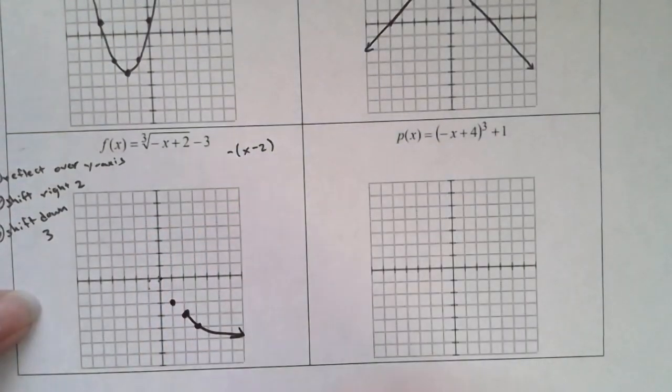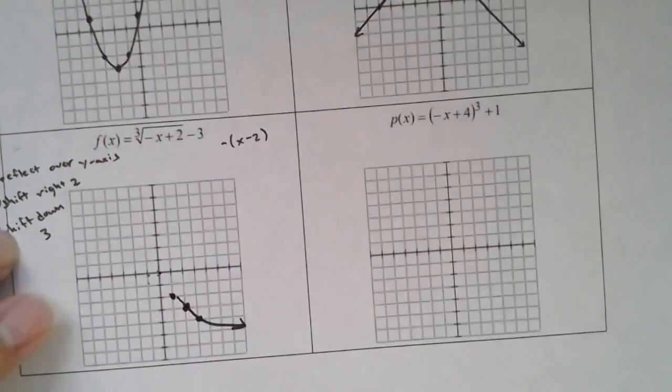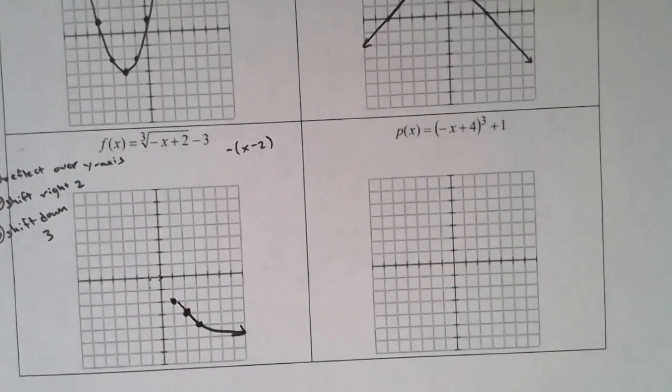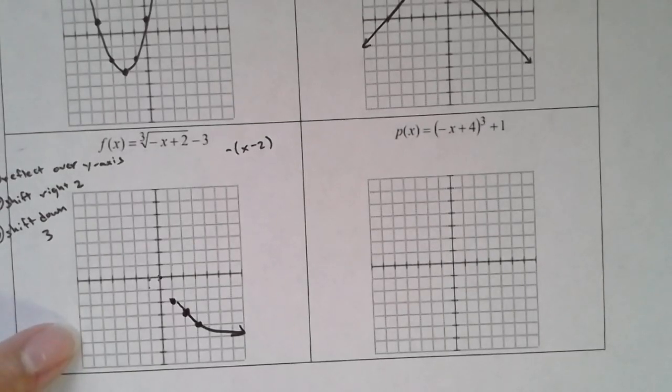And then for the other one here, I suppose we could have a point here where we could be more accurate, but how tedious would that be? It's actually not very tedious. It would be at -8.